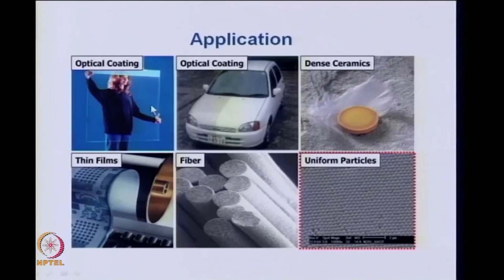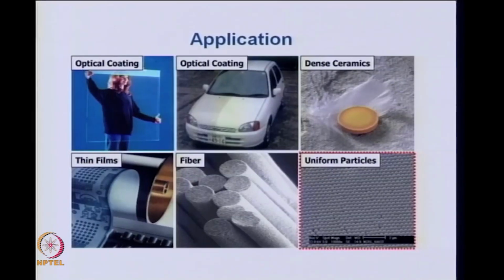If you coat a particular type of material, maybe it will cut down UV radiation, so only a visible range of radiation which is not harmful can pass through this glass. Or you can have glasses which will be transparent to some wavelength other than what is visible.